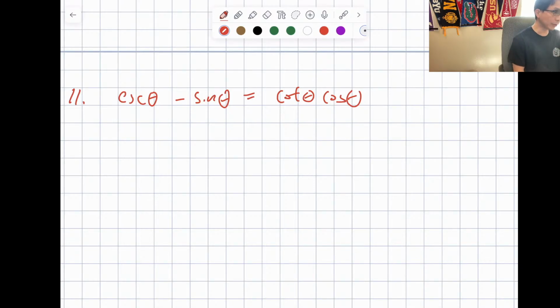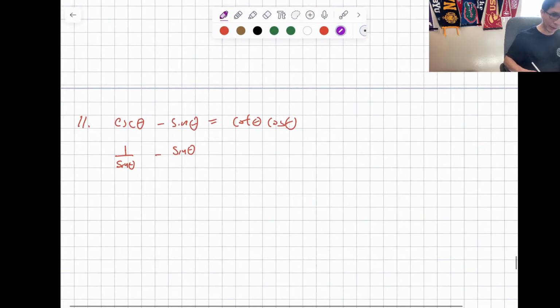So what you're gonna do is say, okay, I can change this to 1 over sine of theta minus sine of theta. Is that okay? Now, can I combine those two fractions? What do I need to do to combine them?